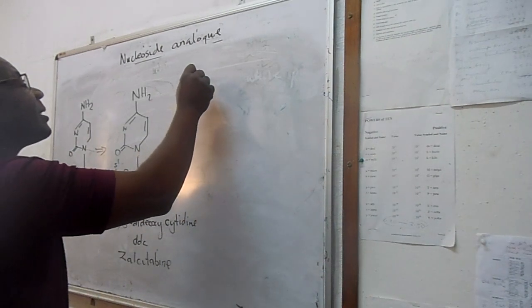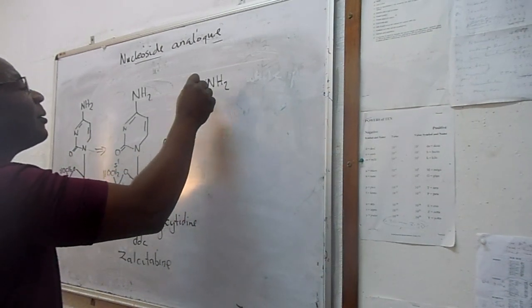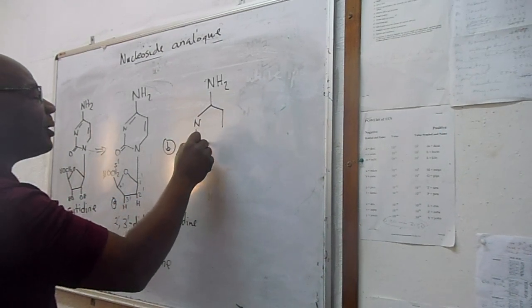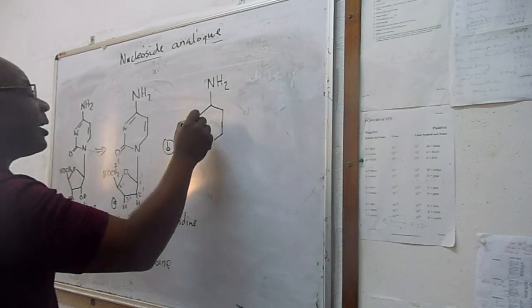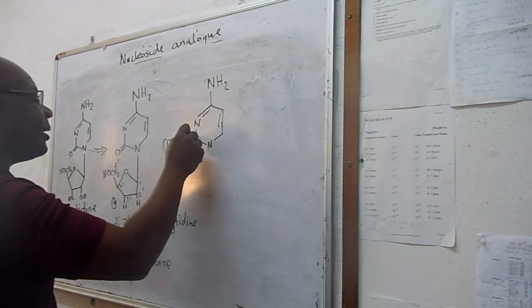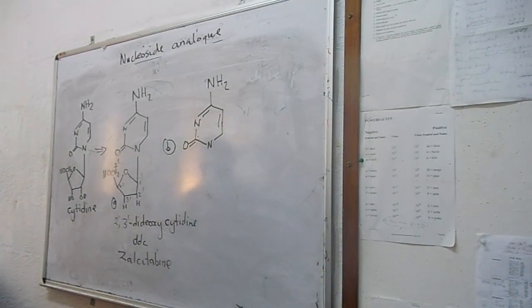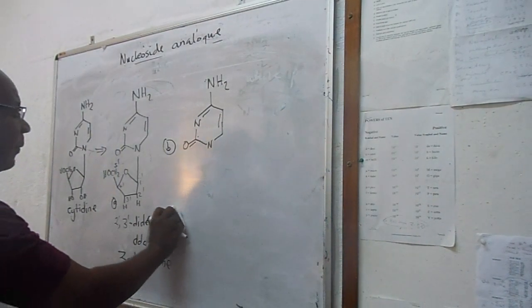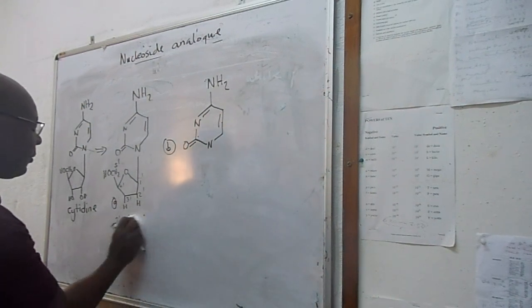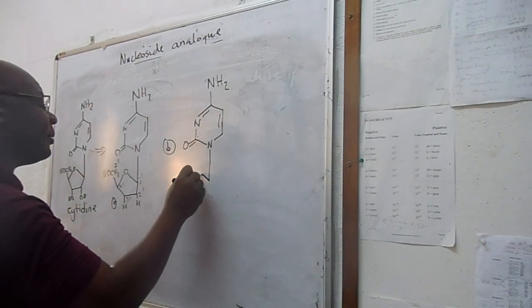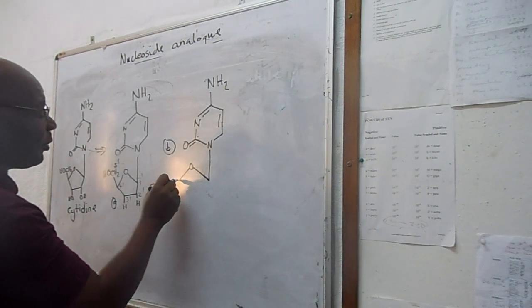So in that case, what you produce, you see that we are just playing in the lab. In the lab we are just playing with the structure, trying to create analogs, trying to create structures that are similar to our nucleosides.